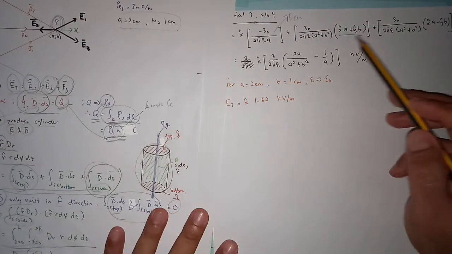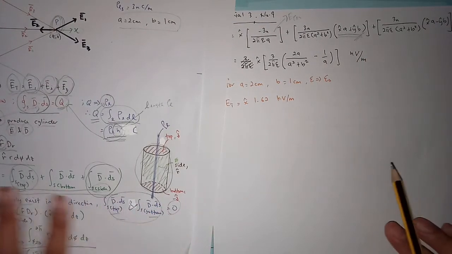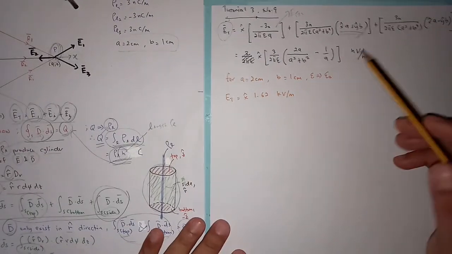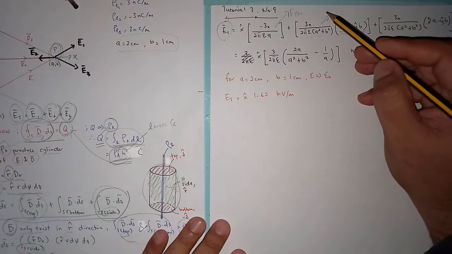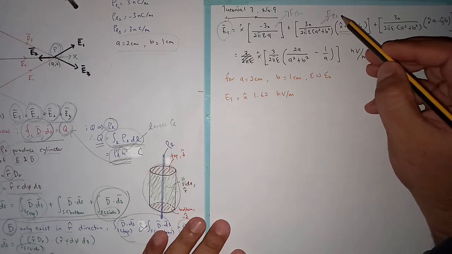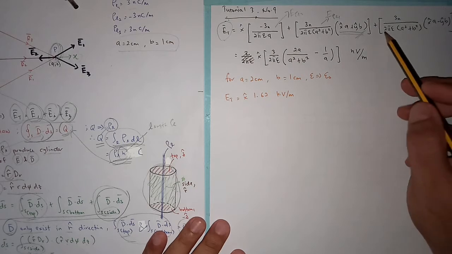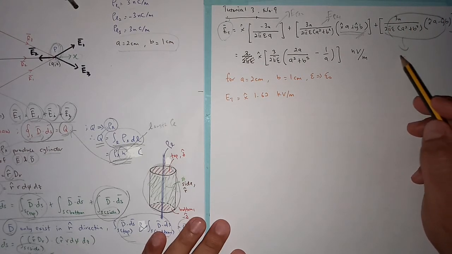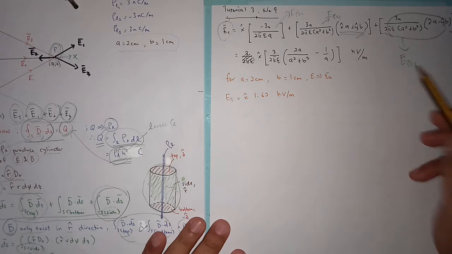Alright, so this is the vector based on the unit vector that has been derived just now. This is the electric field intensity basically produced by our rho L1. This is the expression for the electric field intensity produced by our rho L3.